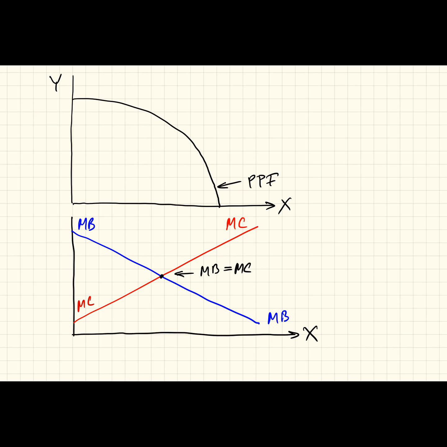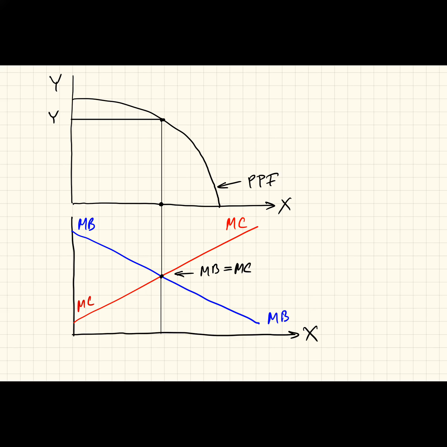All right, so if we just draw a line through this point, we will know how much good X to produce, and if we go up, we can actually see this quantity on the upper diagram, and it will allow us to also figure out how much of good Y we want to produce.